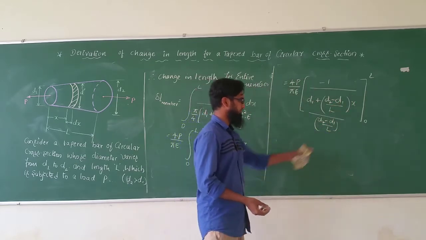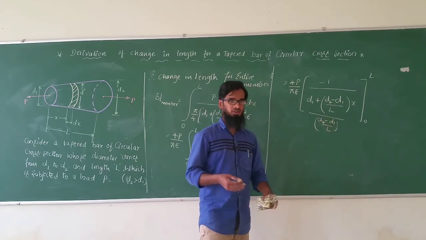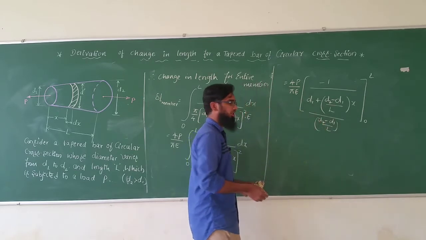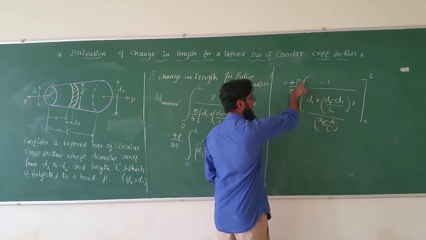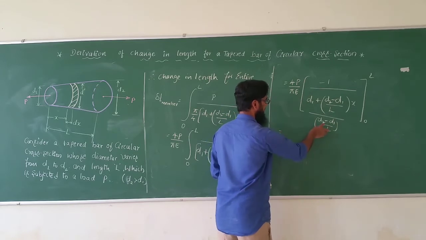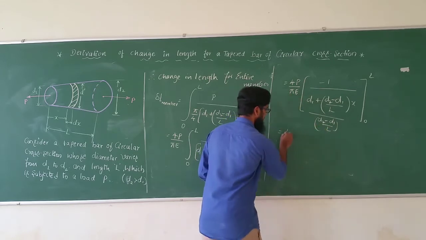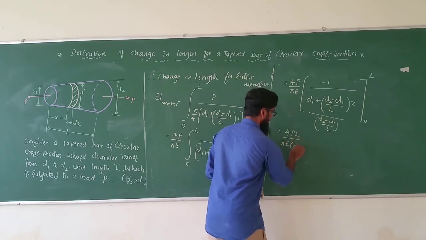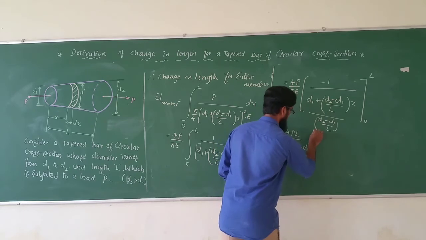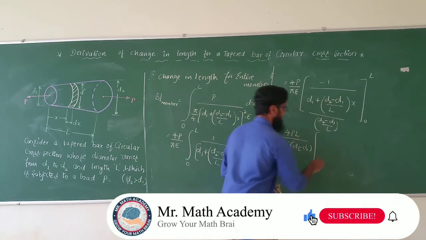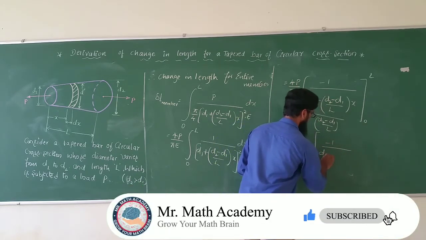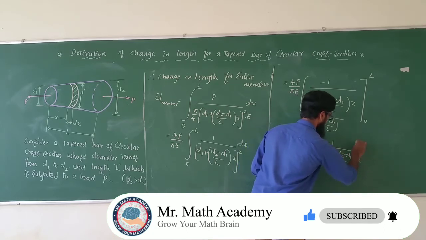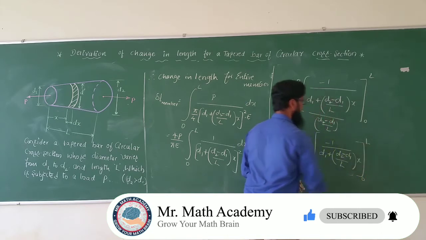After simplifying, since this is a constant term, I take it outside the bracket before applying the limit. So this L goes to the numerator with P, and d2 minus d1 comes with pi E. So this becomes 4PL by pi E into d2 minus d1. The remaining terms are minus 1 over d1 plus d2 minus d1 by L into x, with limits from 0 to L.